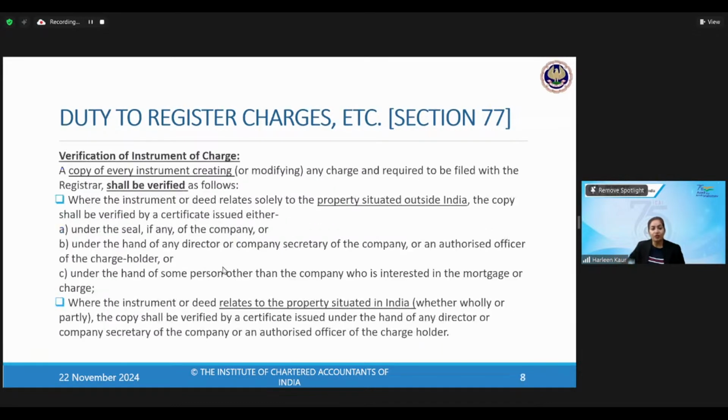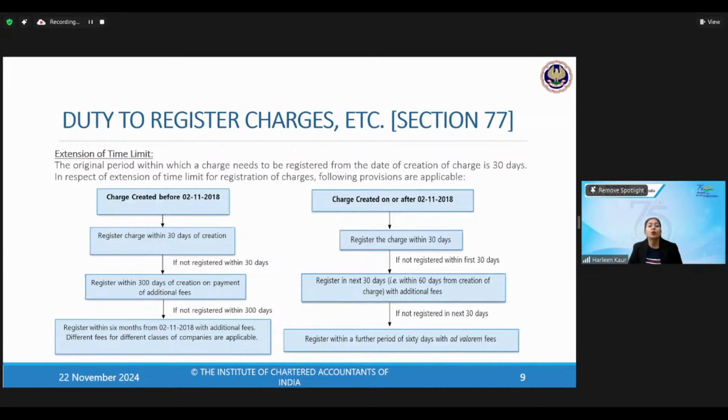Verification of instrument of charges we have done. Now let's understand what is the time period for getting the charge registered. So this time period is divided into two categories. All the charges which were created before 2nd November 2018, it says the changes were made, amendment was made on 2nd November 2018.